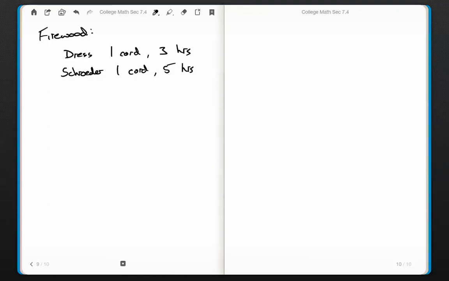So let's go back to our firewood. So, Dress, 1 cord, 3 hours. Schrader, 1 cord, 5 hours.